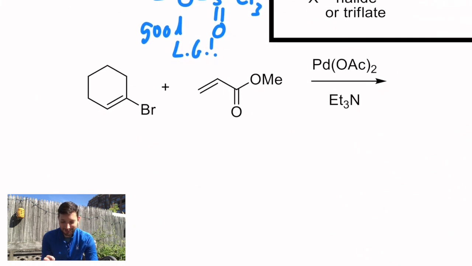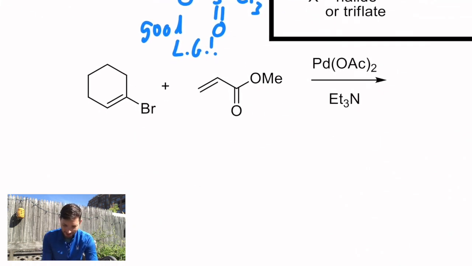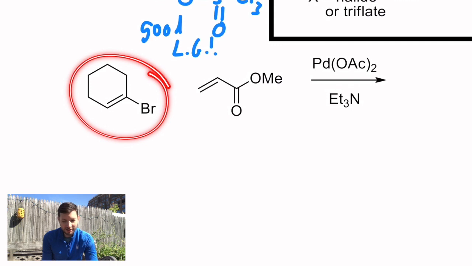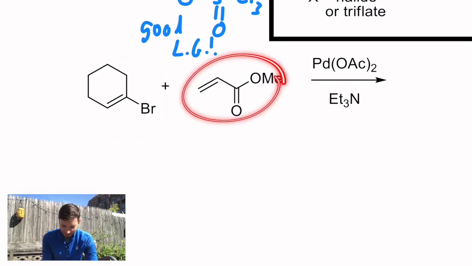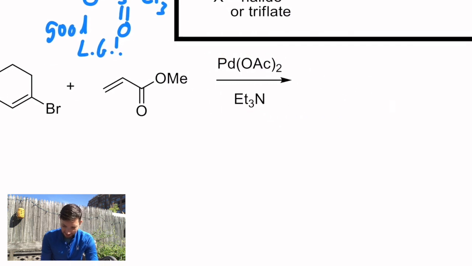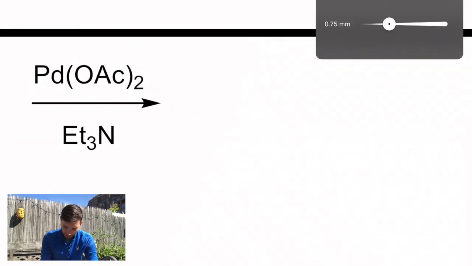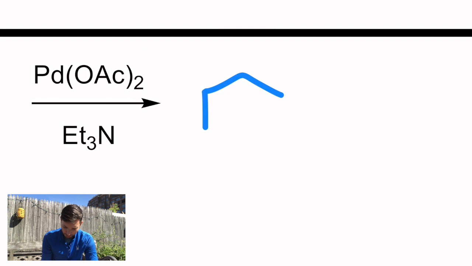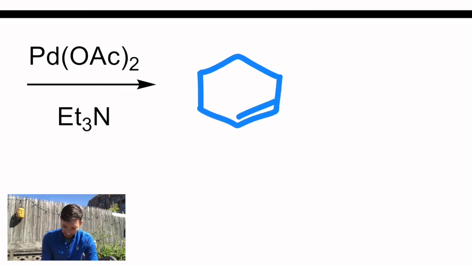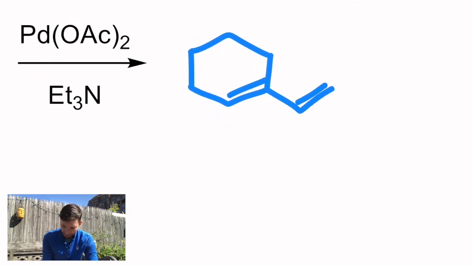But that's what the first example shows. So, when I take this vinyl halide and this unsaturated ester with palladium, I get a new carbon-carbon bond. I'll show you the product first, and we'll go through and explain the mechanism of how this happens.